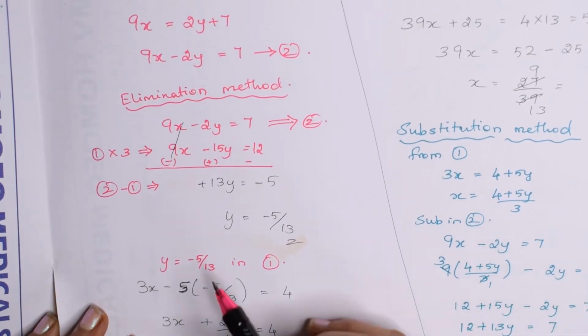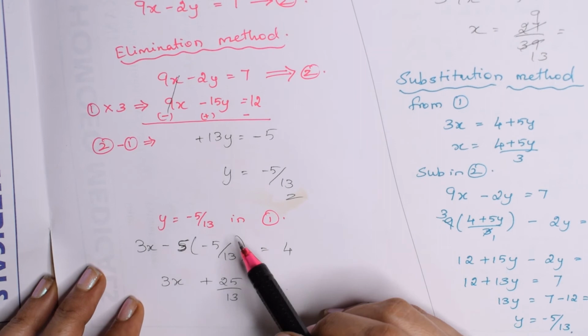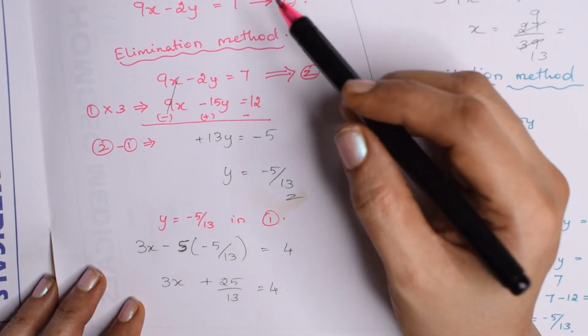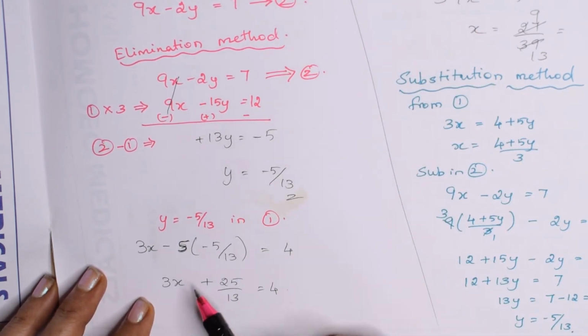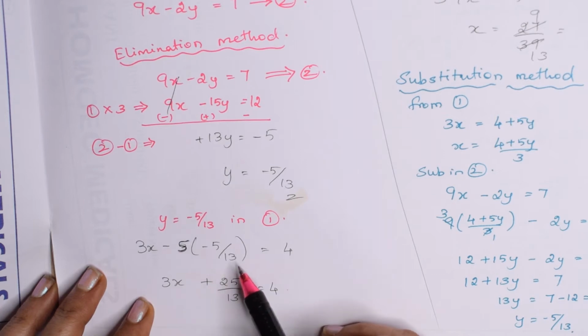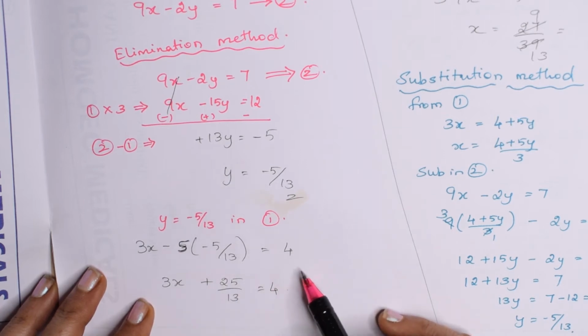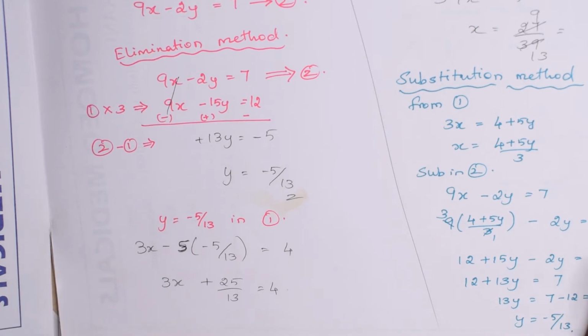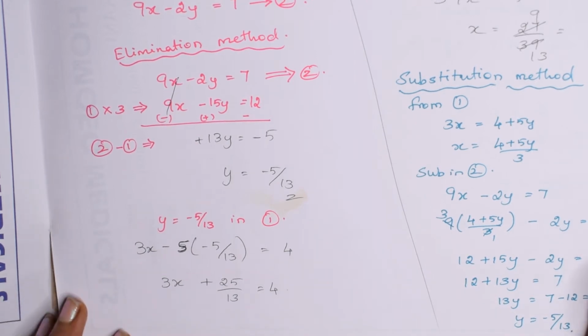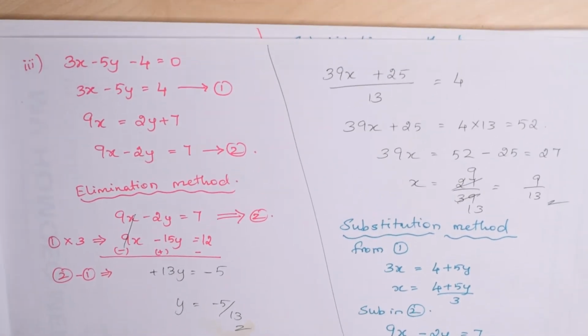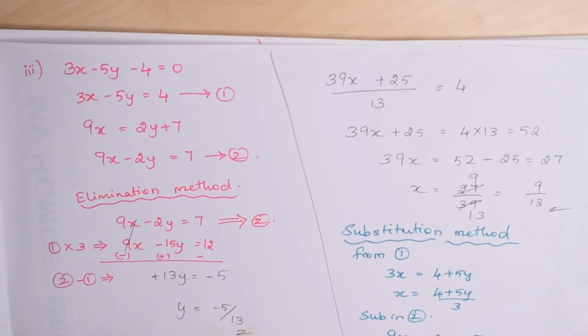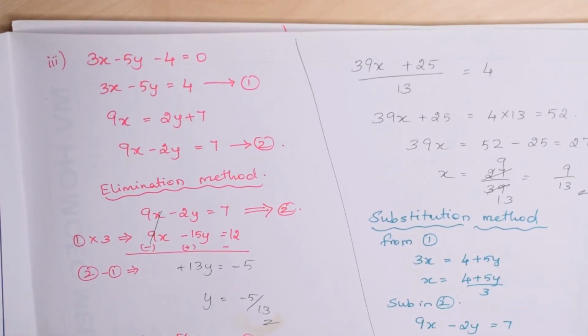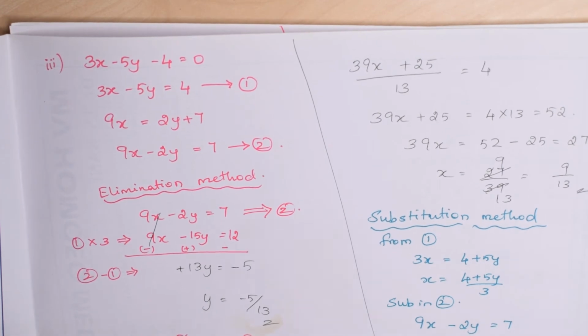I am using this value, y is equal to minus 5 by 13, in the first equation. It becomes 3x minus 5 into minus 5 by 13 is equal to 4, and so 3x plus 25 by 13 is equal to 4. Again I am bringing it. I have to find the LCM, only then I can bring this 13 to the right hand side.